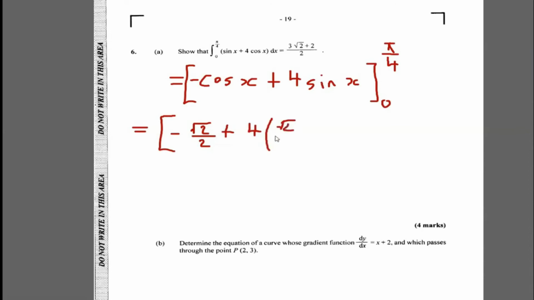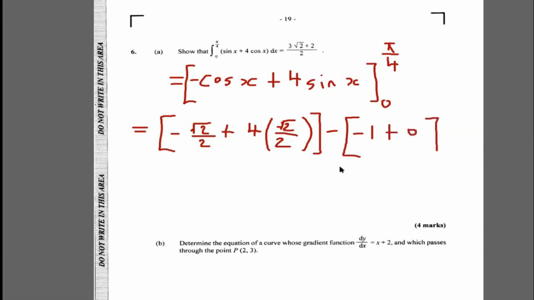That's the sine of pi by 4. Minus, now I need to put in 0. The cos of 0 is 1. So I get minus 1 plus the sine of 0 is 0.